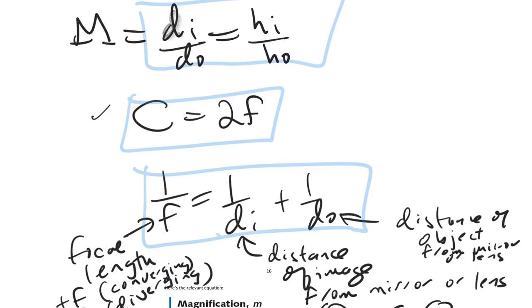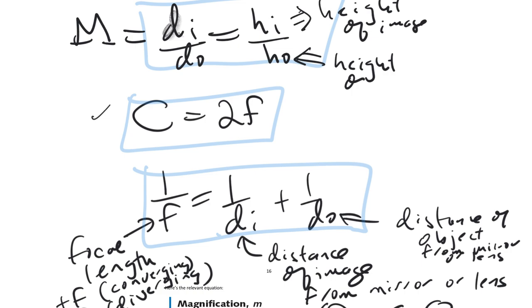So, you know what di and do are already. Hi is the height of the image, and ho is the height of the object. Usually this will be a number without a unit because the units cancel out. And so the answer will be something numbered times.